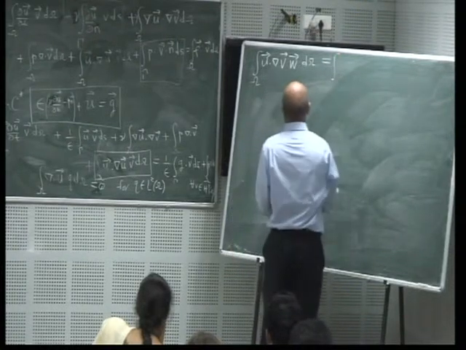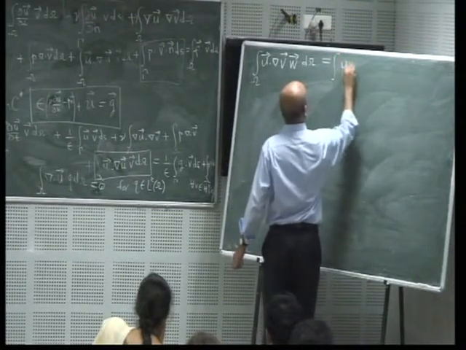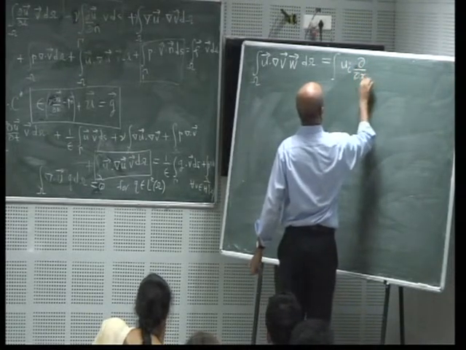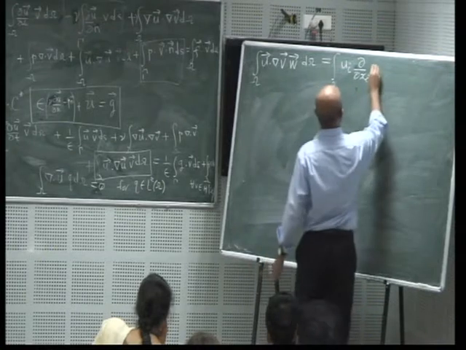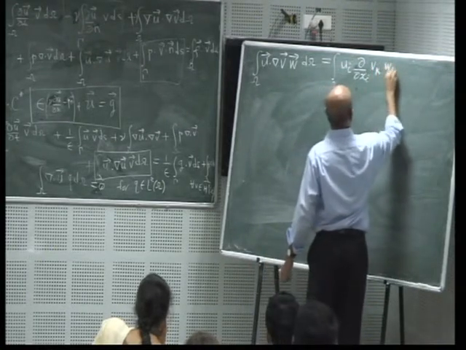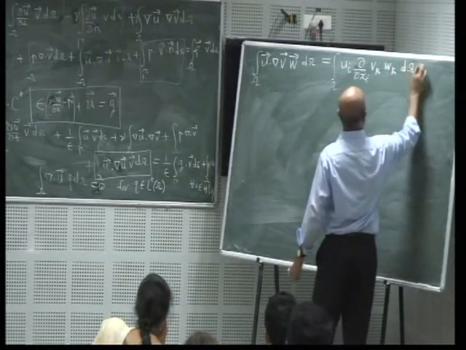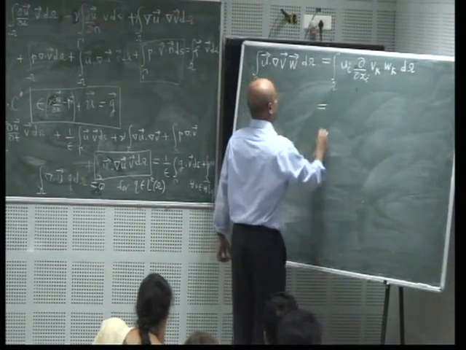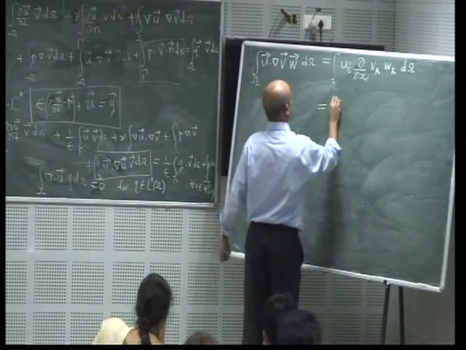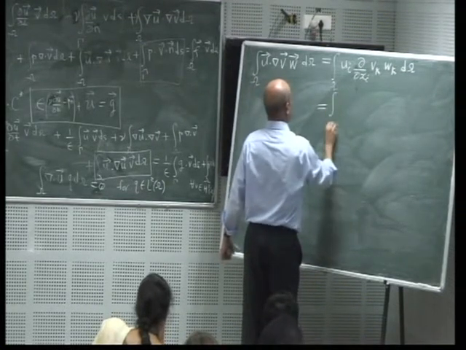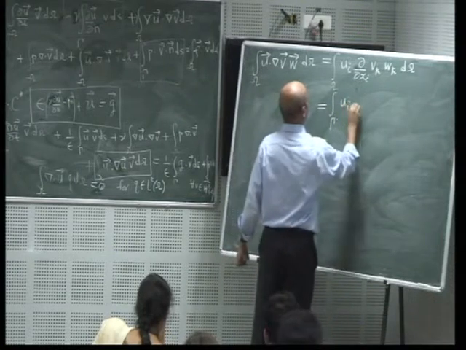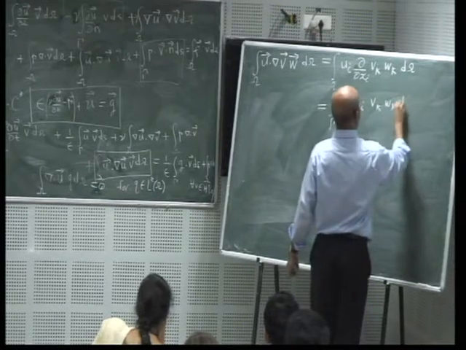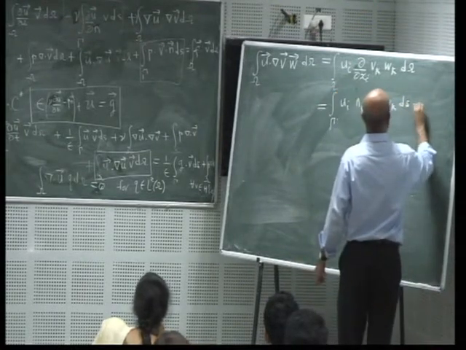Okay, so let's perform some integration by parts. First, I write this in component form. Okay, let's perform integration by parts. So I get a boundary term, right? Ui, n, minus integral.